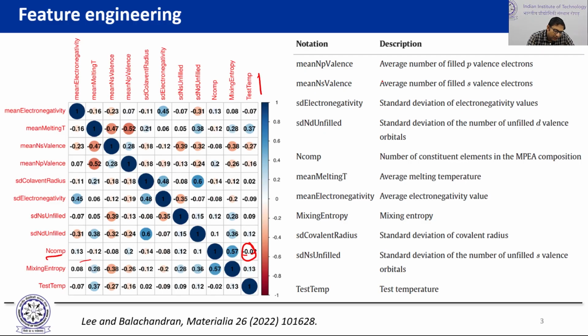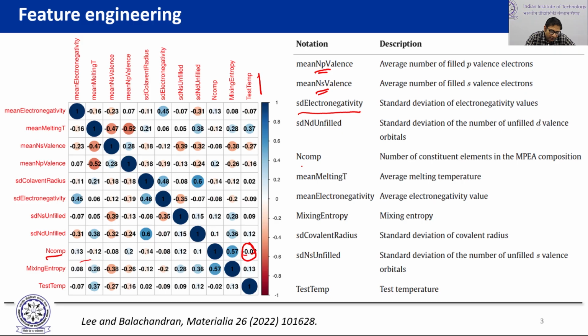Here the authors have chosen to look at the electronic structure from a slightly different perspective. They are looking at the number of average filled p shell valence electrons as well as the number of average filled s shell valence electrons. They have also used the standard deviation of the electronegativity values for each of the alloy compositions. They're also looking into the number of unfilled d orbitals and so on.